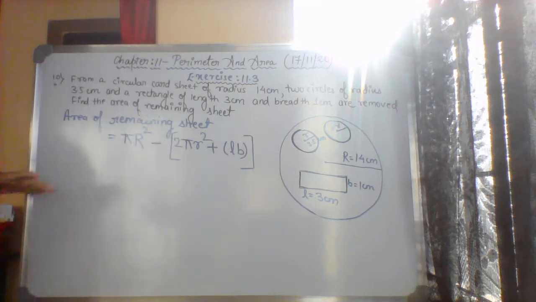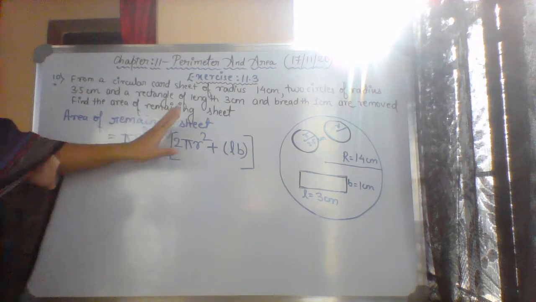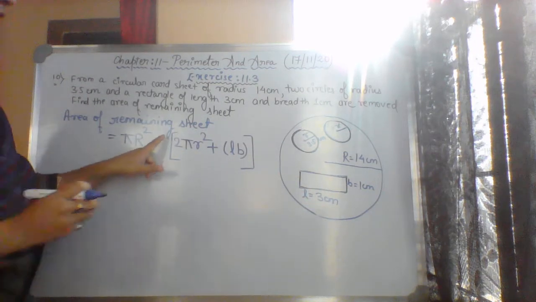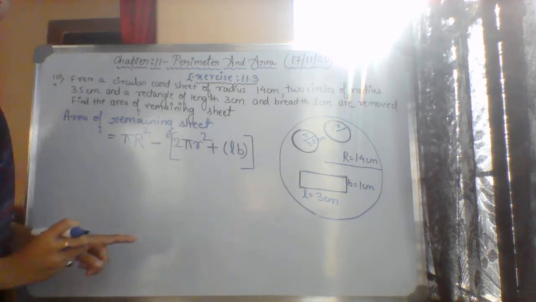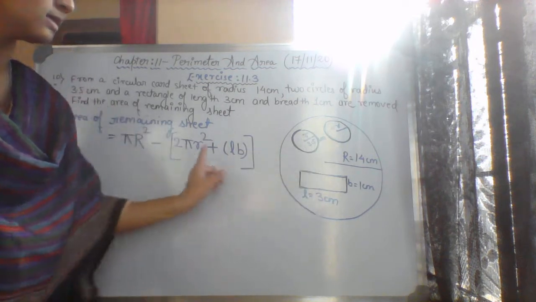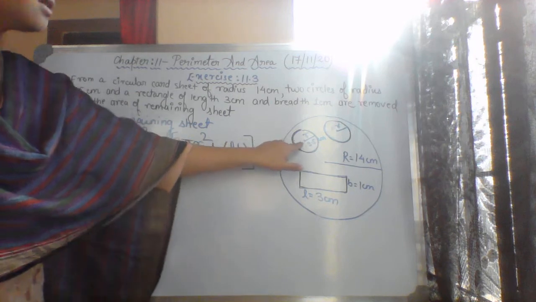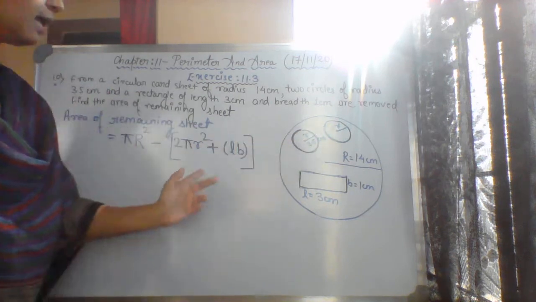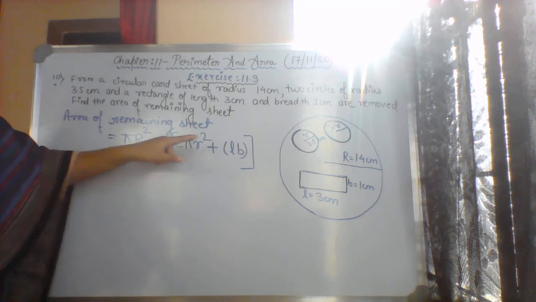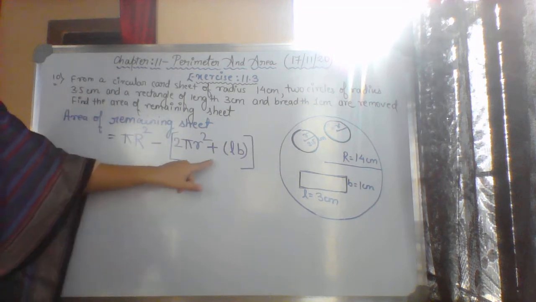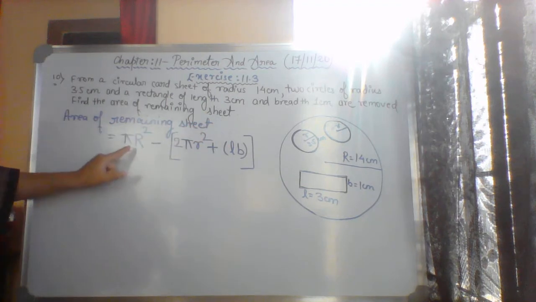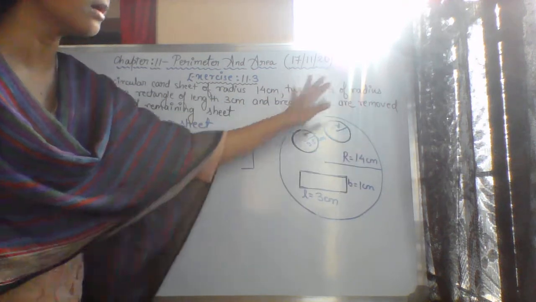From the bigger circle area I am going to subtract, so I am using a bracket: twice the single smaller circle area plus this rectangle area. This total area I am going to subtract from the bigger circle.